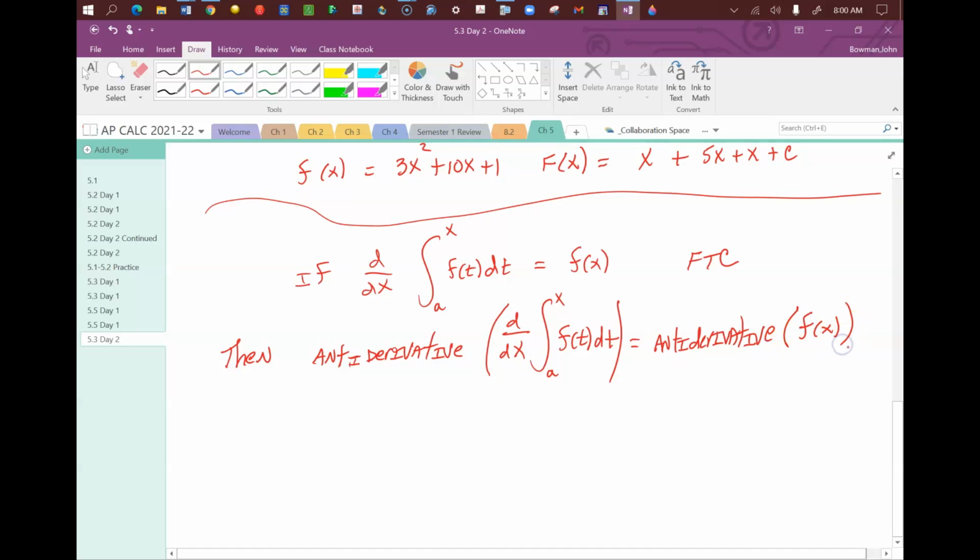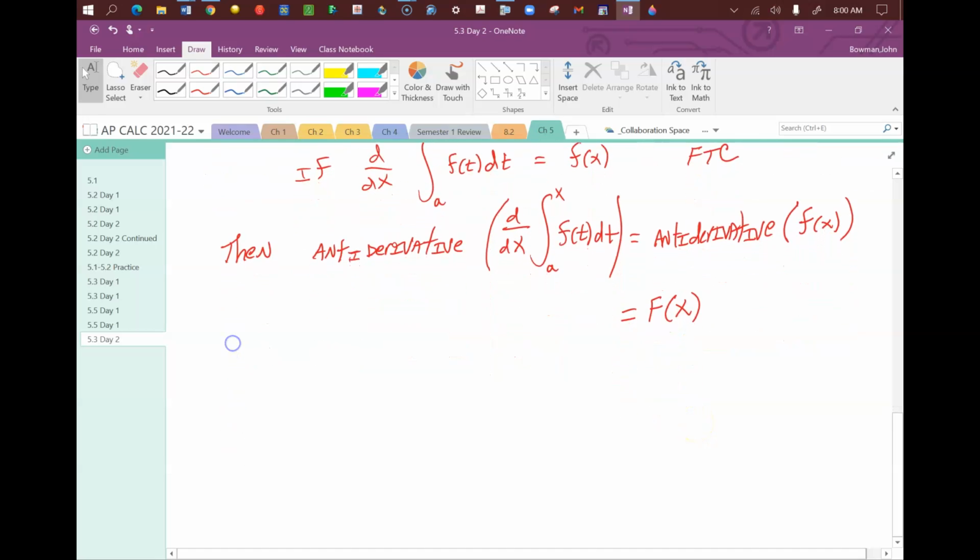Essentially, we're taking the antiderivative of both sides. So we happen to know that that is equal to big F of x.